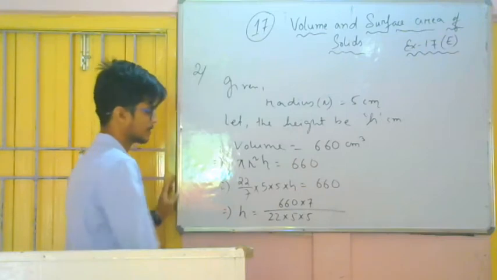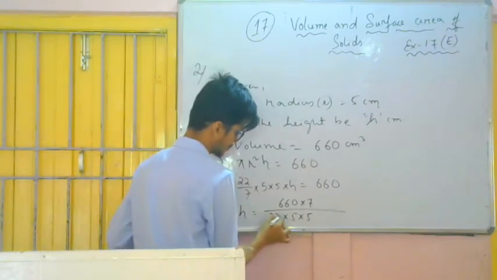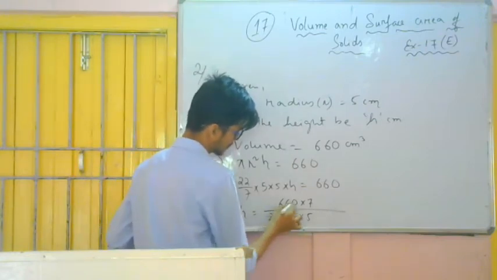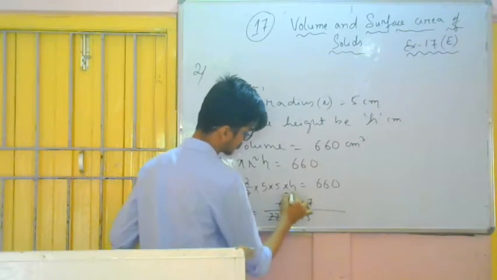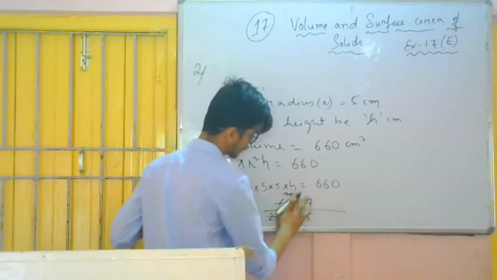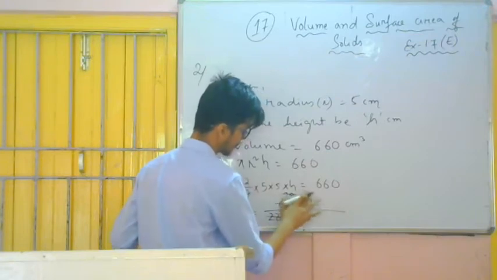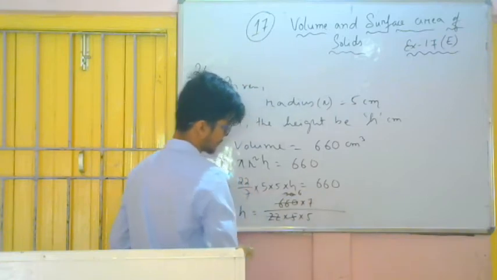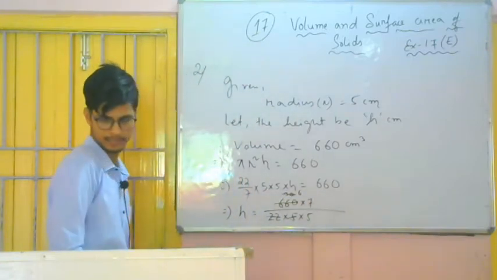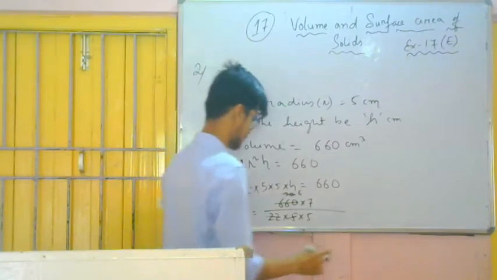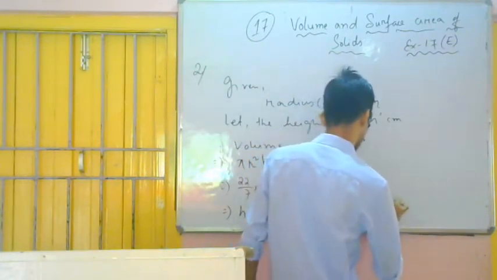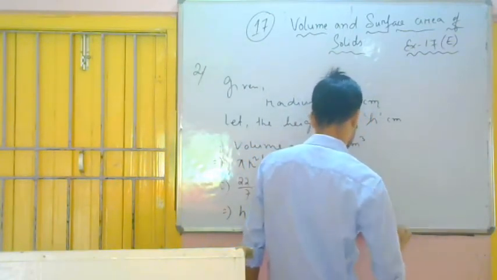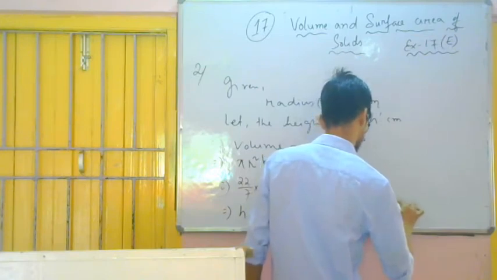If I cancel with 22, 22 3s are 66, so 30, then 5 3s are 15, 5 6s are 30. So 6 and 7 are left, and here 5 is left. So 6 7s are 42 by 5 cm.